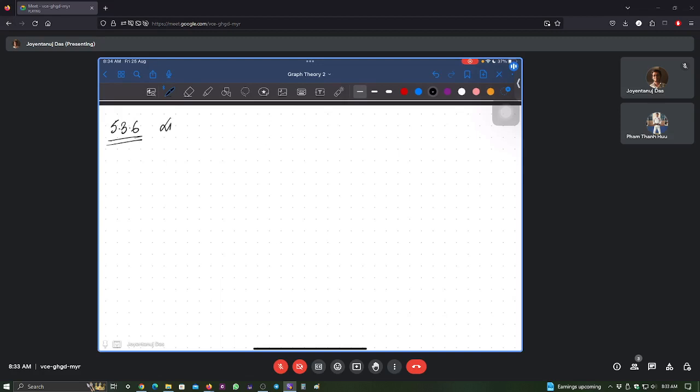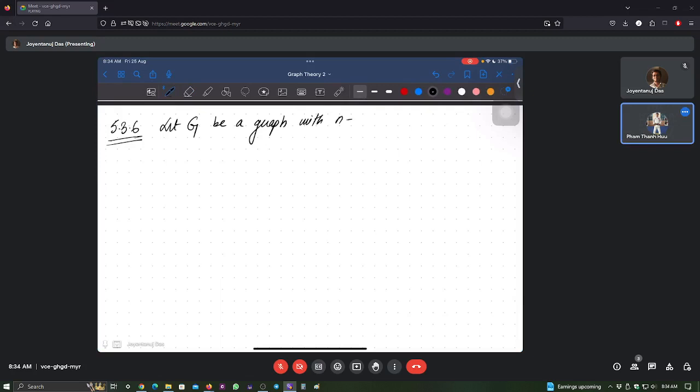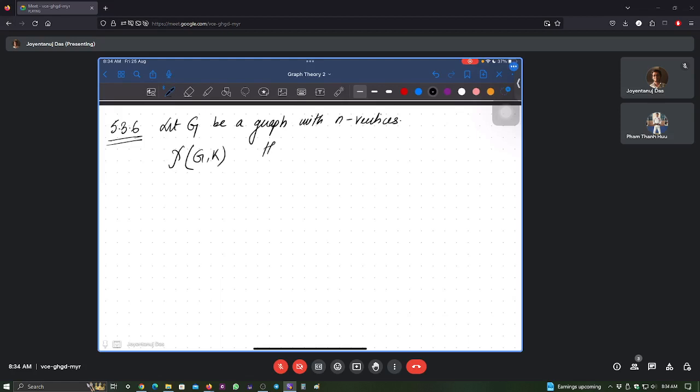So let G be a graph on n vertices. Right. So now we have to show that the coefficient of k to the power n minus one is minus the number of edges, right?